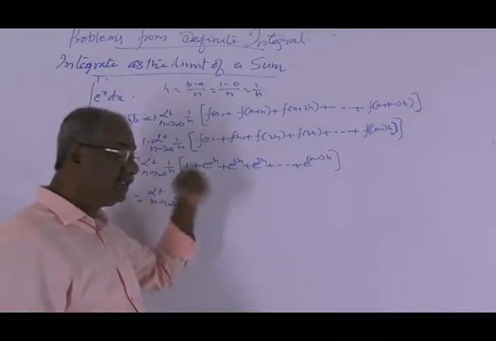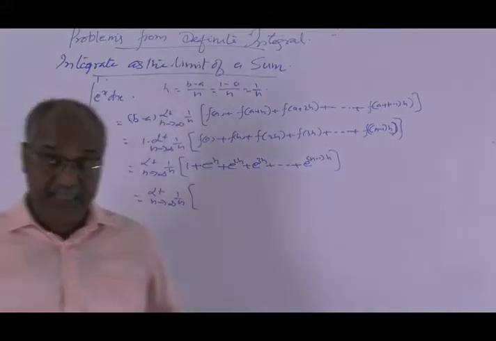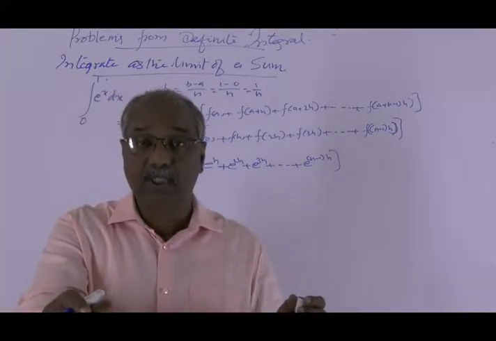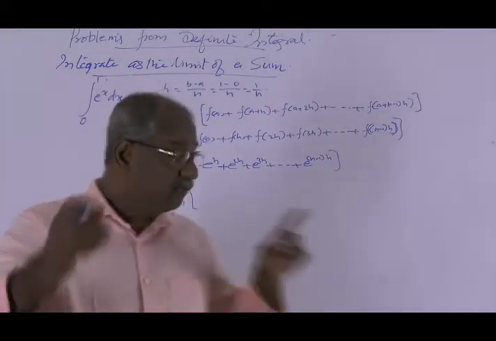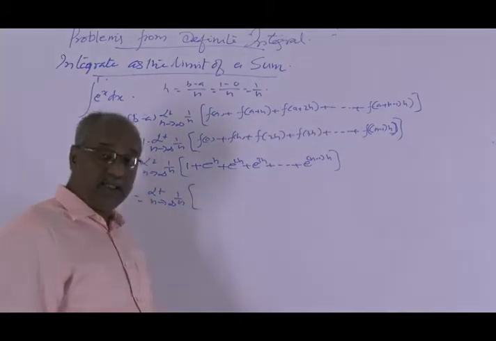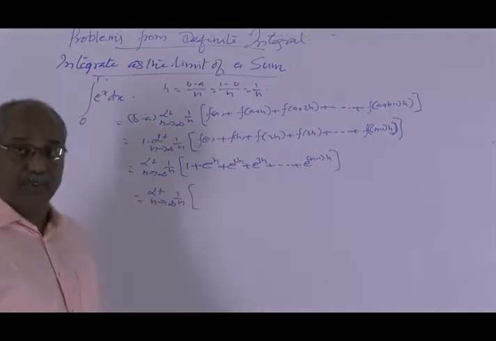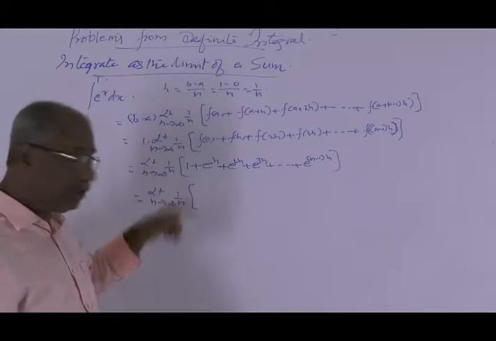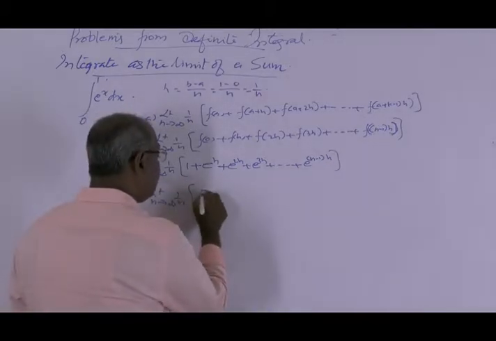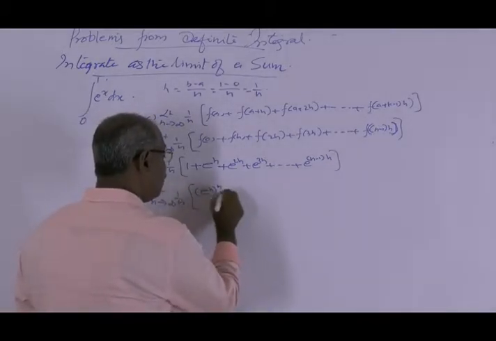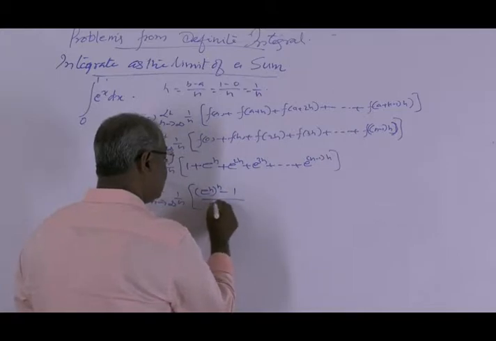So this is the sum of a GP with common ratio r equal to e raised to h, and the sum is a into (r raised to n minus 1) by (r minus 1). A is 1, so it is (e raised to h whole raised to n minus 1) by (e raised to h minus 1).